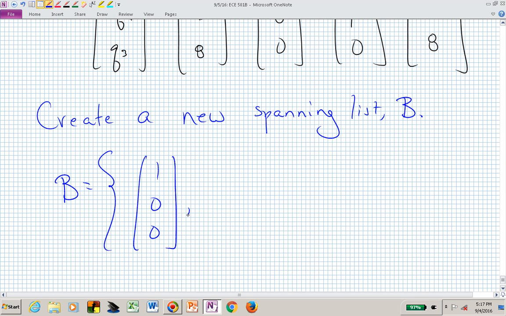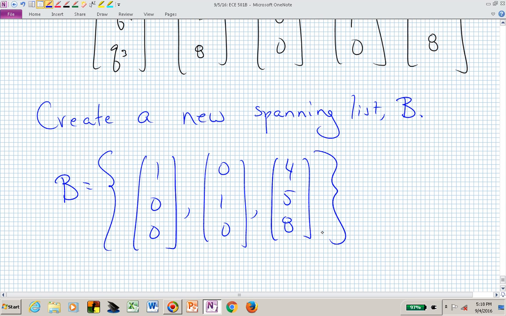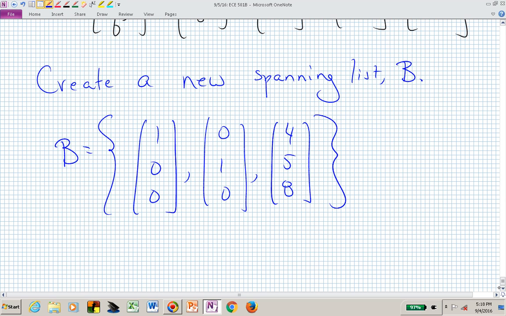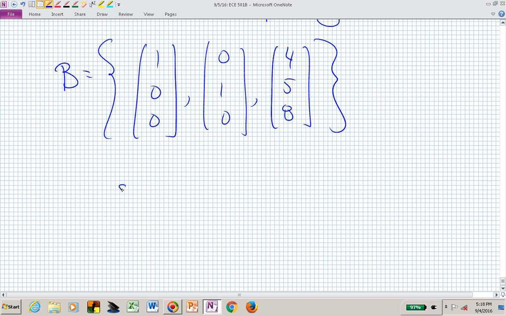It's now v1, v2, and now it's this q, 4, 5, 8. And in fact, this particular list now is a list of linearly independent vectors, and it does span all of R3. And so this particular B has now been extended to allow us to form a basis for our underlying vector space V, which is the three-dimensional space R3.